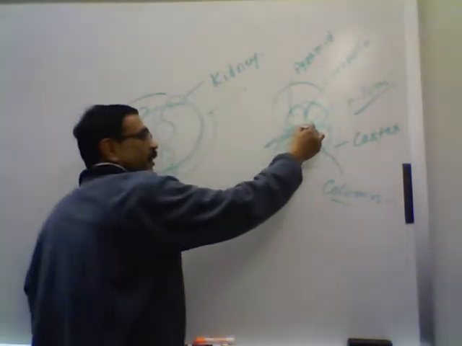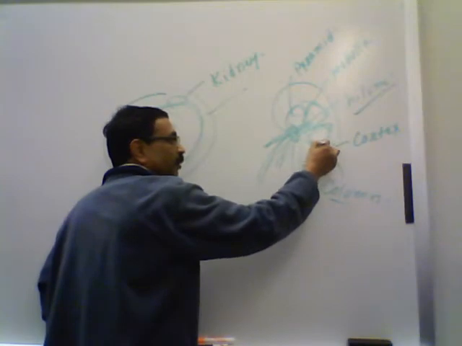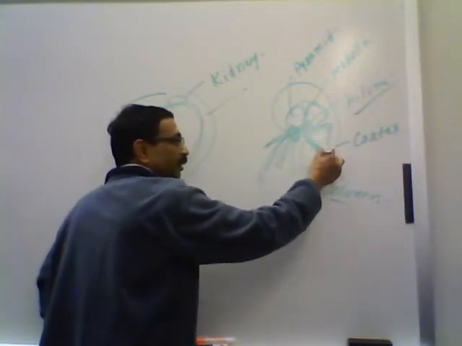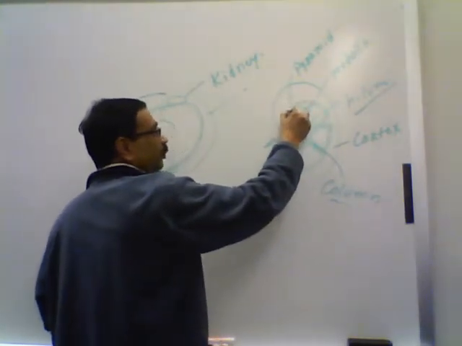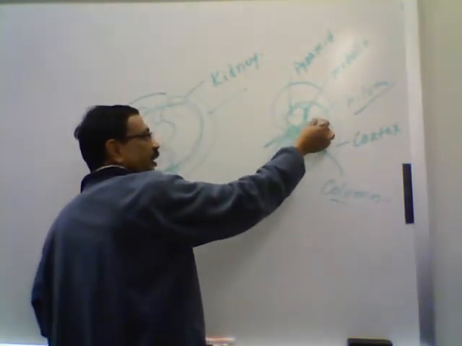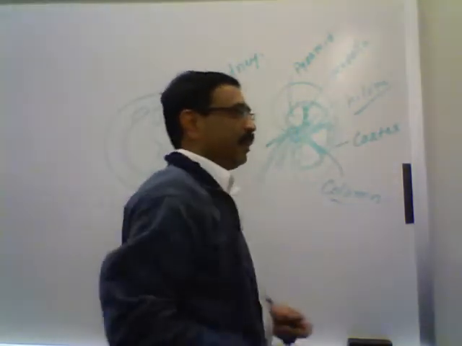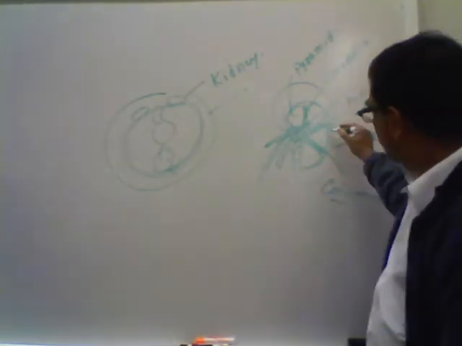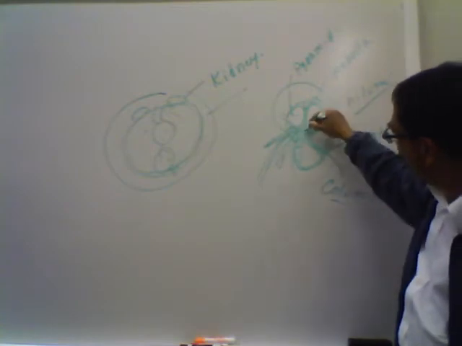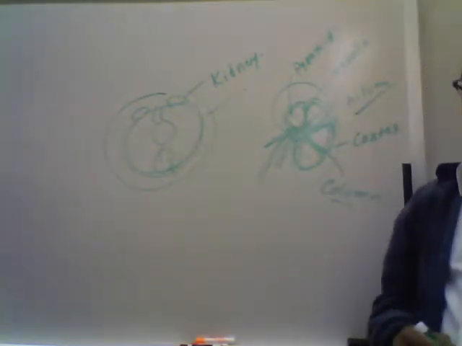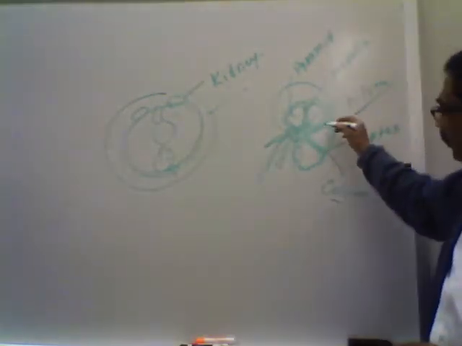Now, each pyramid and adjacent columns together form a lobule or lobe. So this is a lobe, this is another lobe, this is another lobe, this is another lobe. Okay, so pyramid and columns together form a lobe.